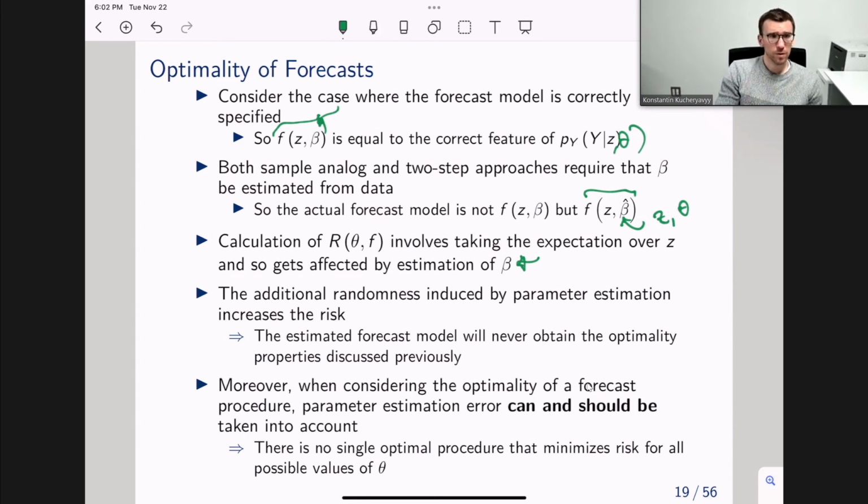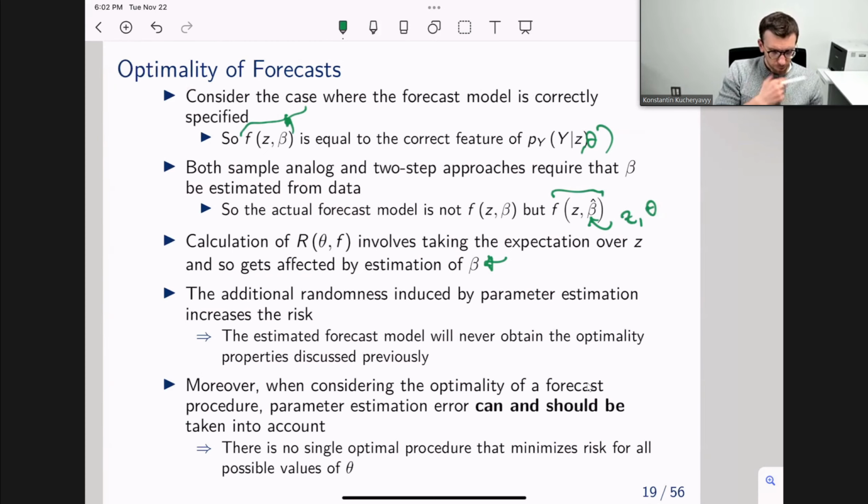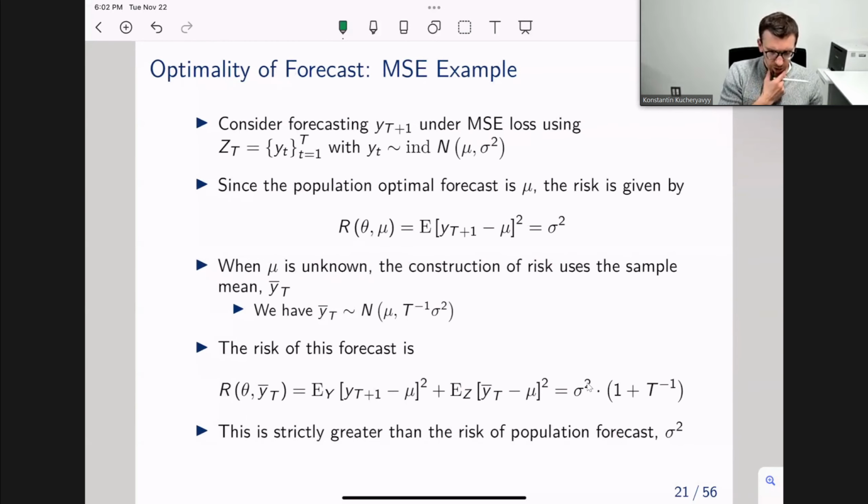This is very important. Consider a very simple example where our data arrives again independently from a normal(mu, sigma squared) distribution. And so we just have T observations of y. This is all we have. They come independently from the normal distribution.